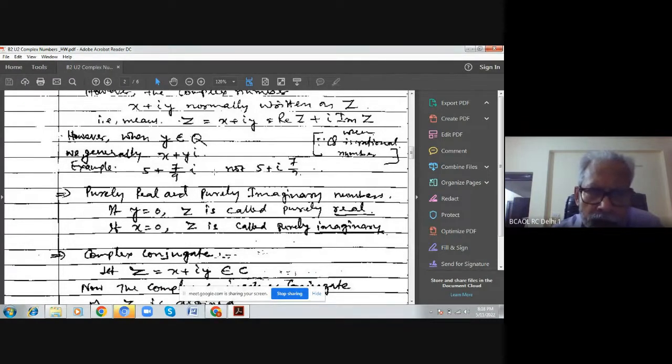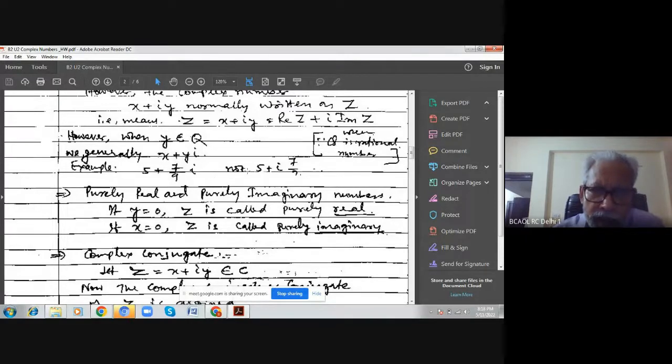Which one is the correct example? In this case, you see, always you have to put 7/9 iota, or in this case 5 plus iota 7/9. Both ways it is written, but exactly which is the correct formation?